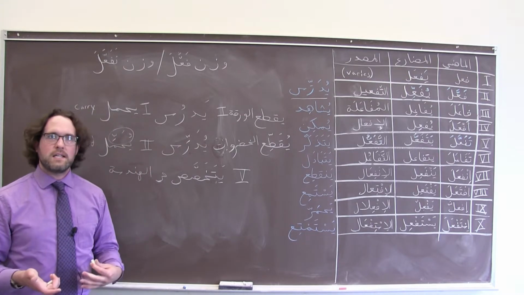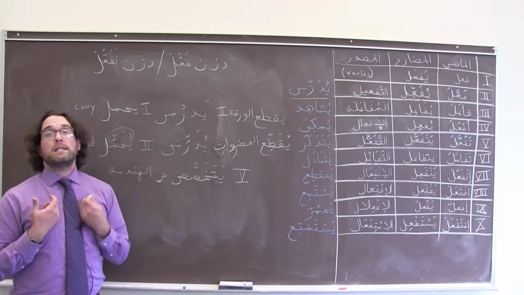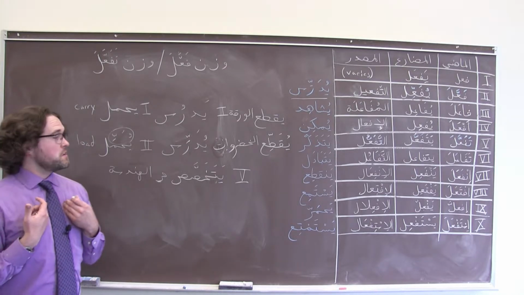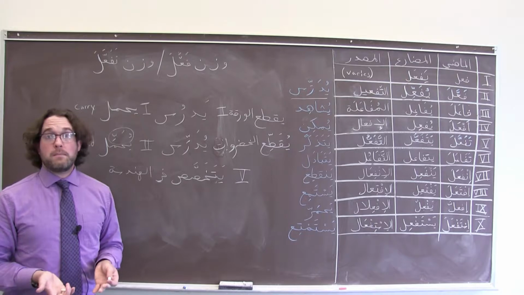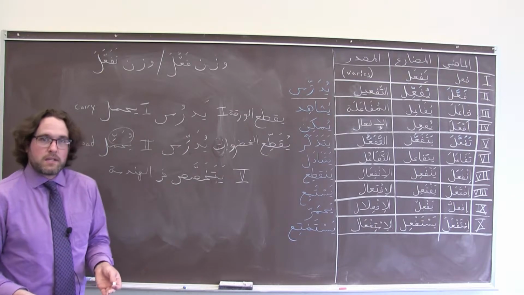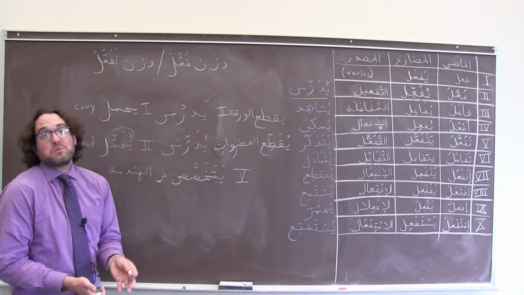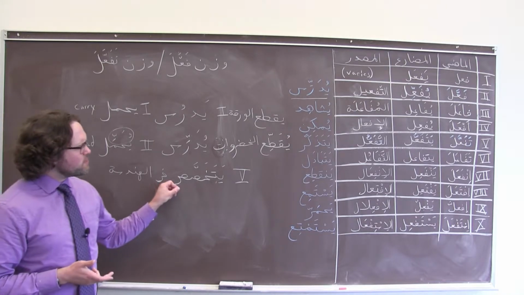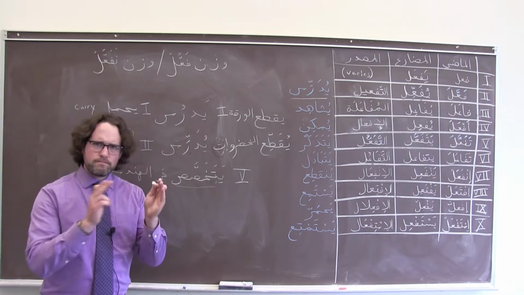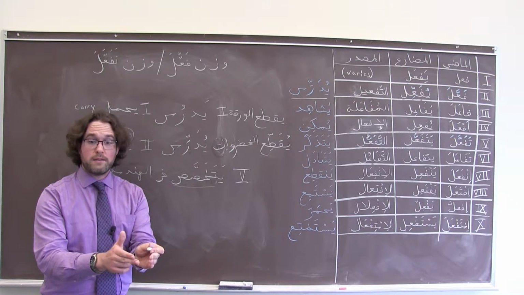He specializes in engineering. Or أنا أتخصص في اللغة العربية. I specialize in the Arabic language. But I can't really specialize someone else, right? I could be an advisor to someone, I could help them, but this verb can't really be used to refer to someone else.